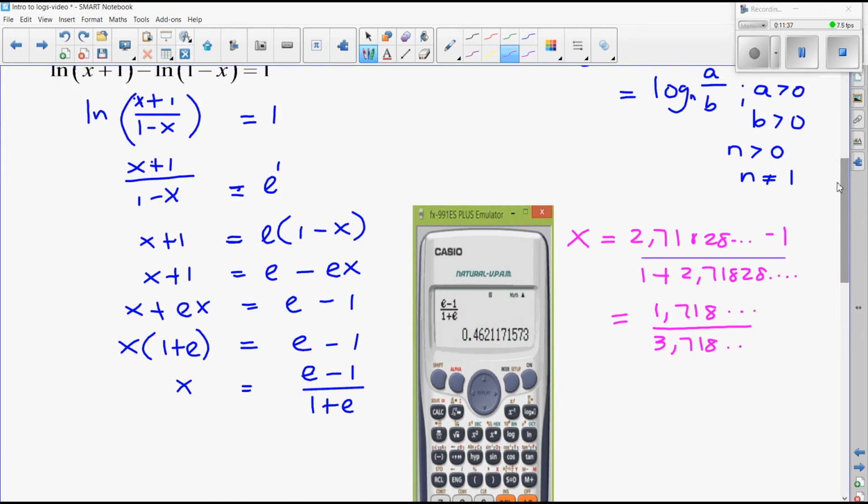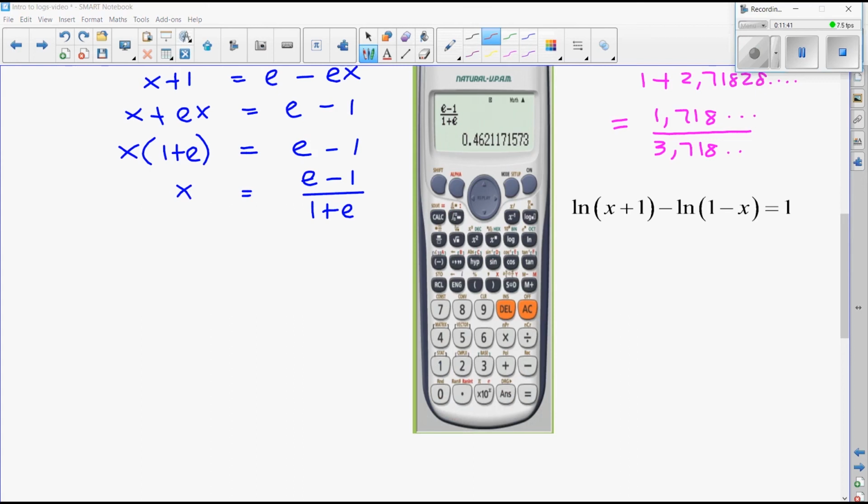Now, if I go back to my question and substitute x equals 0.46, let's just copy down the question and check. If I substitute x equals 0.46, then I have ln of 1.46, which is positive. And there I have ln of 1 minus 0.46, which is also positive.